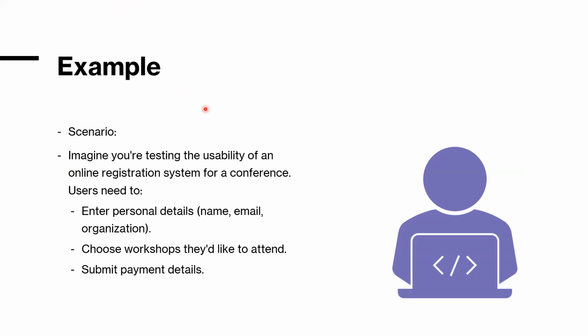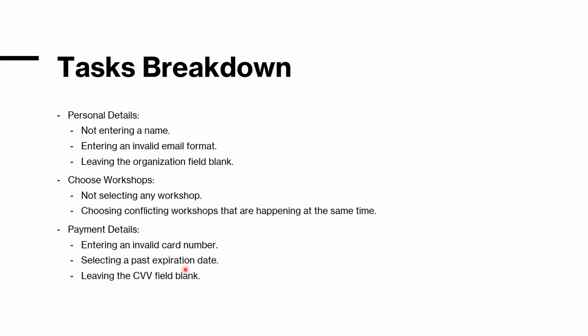In this scenario, imagine a user is testing the usability of an online registration form for a conference. They register, so they have to enter personal details, choose the workshop, and submit the payment details. These are three major actions that have to be executed sequentially.